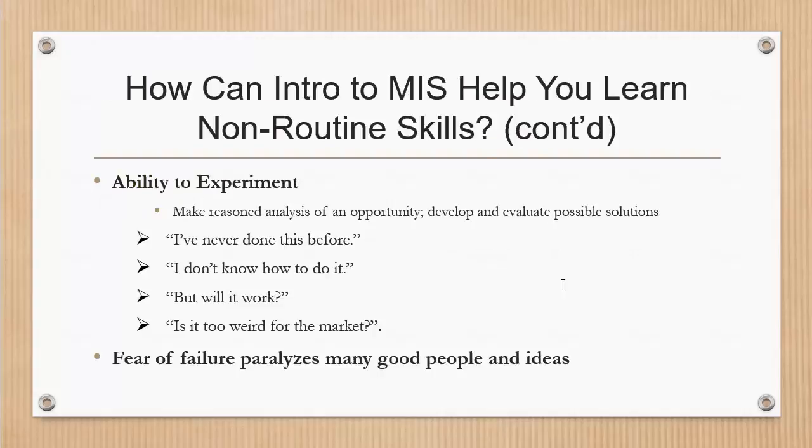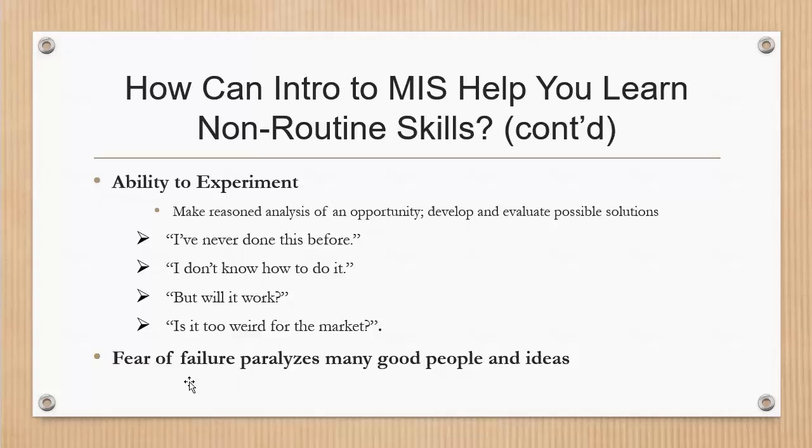The last skill that MIS can help you with is this ability to experiment. And so here you want to have the confidence to go ahead and change things around and see what the outcome is. If you look at this last point on the slide, a lot of people are fearful of making a mistake and not taking those chances in order to do things.